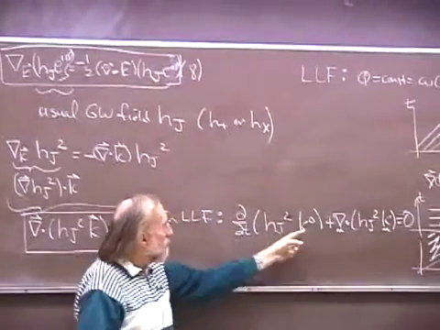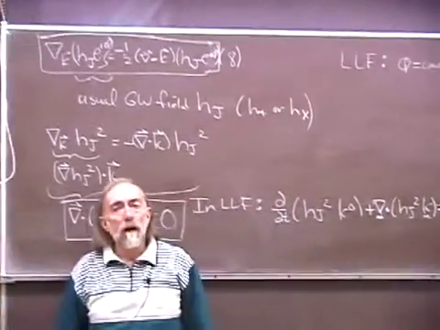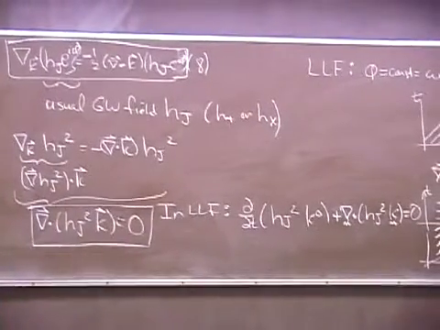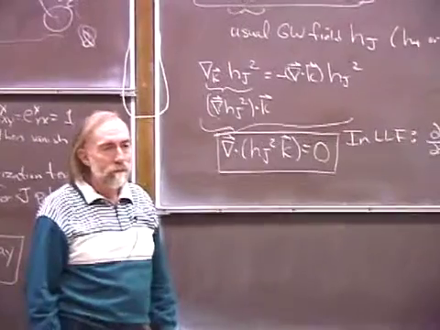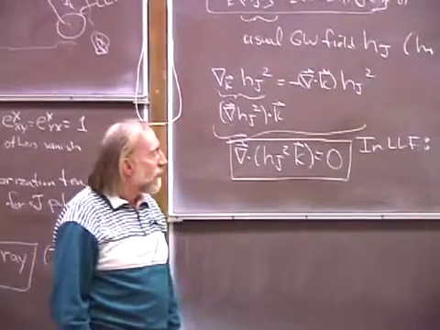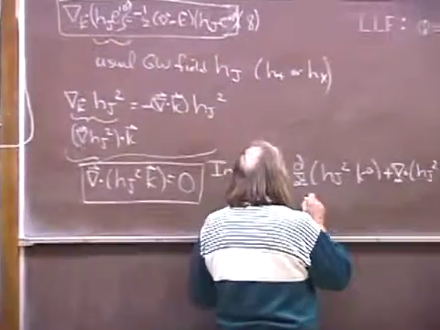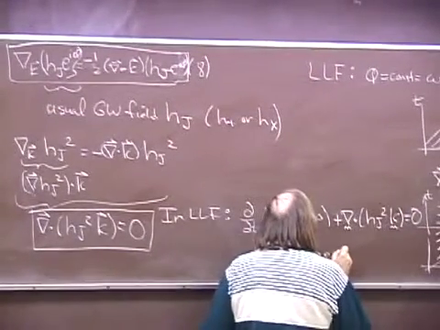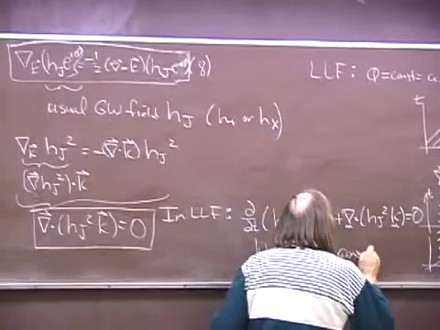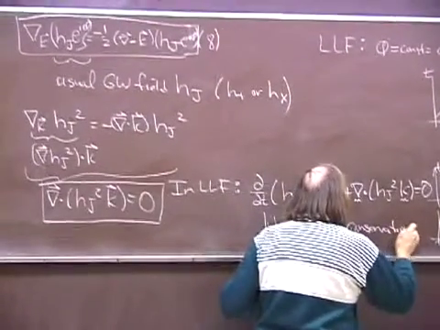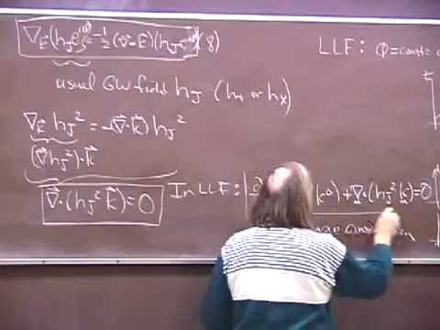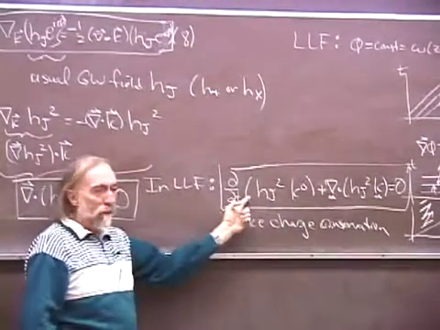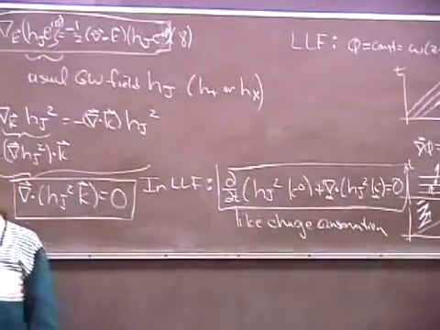And you recognize this as the same conservation law you have for electric charge in electromagnetism. So that's like charge conservation. This is the 4-vector form. This is the 3 plus 1, that is, when you split up into space and time.